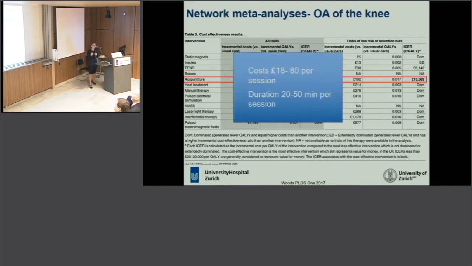Here we have cost assumptions of 18 to 80 pounds per session. So you see there's already some variance in here, which makes the result perhaps a little bit more stable. And the treatment durations also vary because they're different in different trials. And this type of analysis is only summarizing the available evidence.